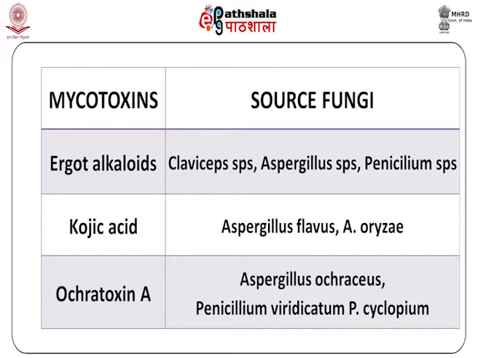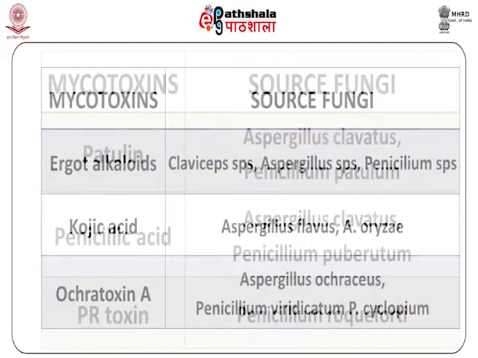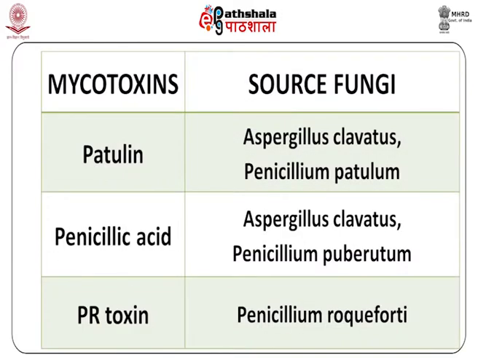Next is kojic acid, whose source is Aspergillus flavus or A. oryzae. Next is Ochratoxin A and the sources are Aspergillus ochraceus, Penicillium viridicatum and P. cyclopium. Next is penicillic acid, whose source is Aspergillus and Penicillium puberulum.